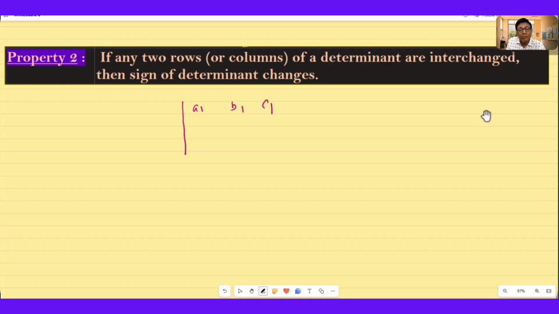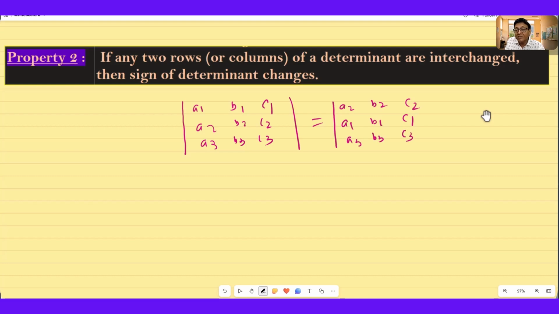A1, B1, C1, A2, B2, C2, A3, B3, C3 has the same value as A2, B2, C2, A1, B1, C1, A3, B3, C3, but there will be a change in its sign. The magnitude will remain the same, there will be just a negative sign before it.